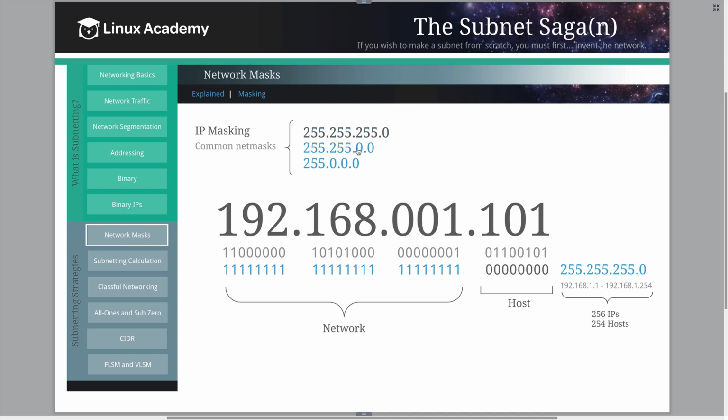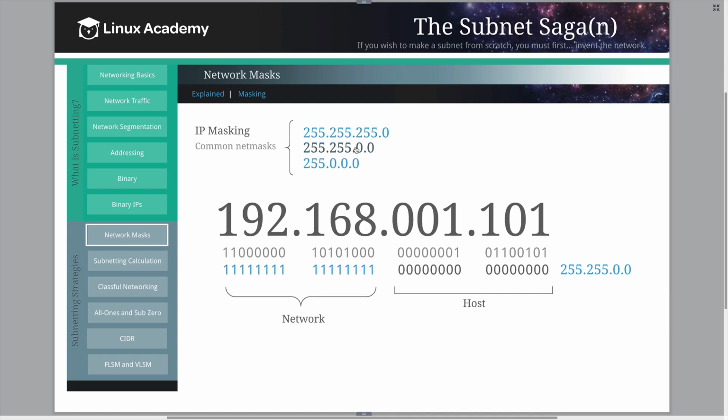Looking at the next common net mask, we have 255.255.0.0. So here's our 255.255 represented in binary. That is the network portion. The 192.168 is the network portion now. We're not including the .1 in the network portion.